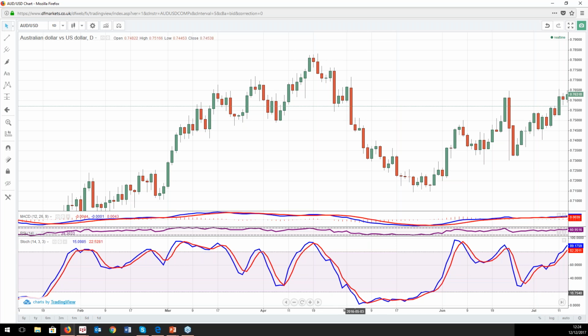And look, you can actually see from this why it would be dangerous to say, oh, stochastic is oversold, so therefore I'm going to buy. Because stochastic got into oversold here on the 3rd of May, which I think was that candle there, and it kept going down.